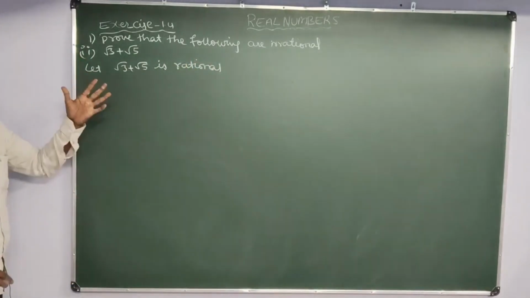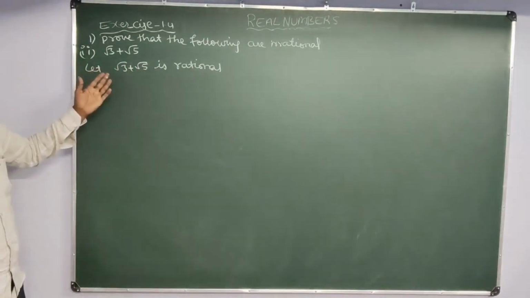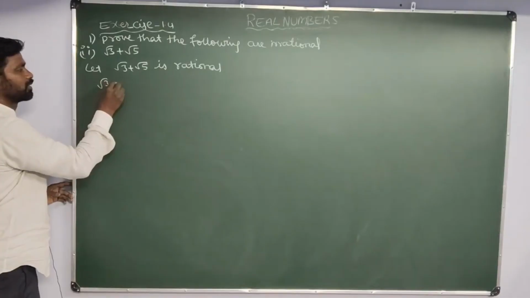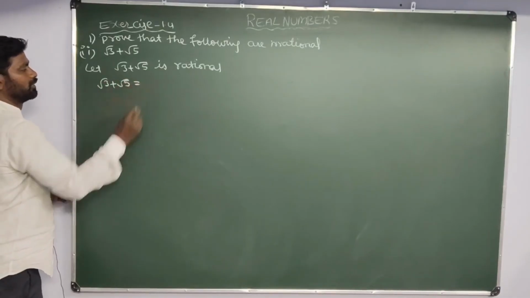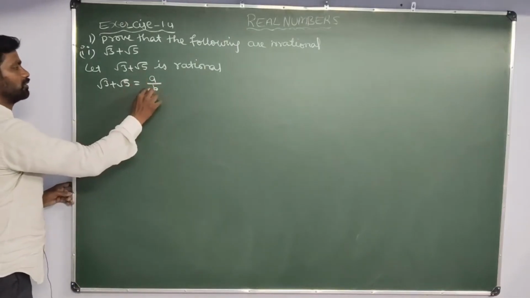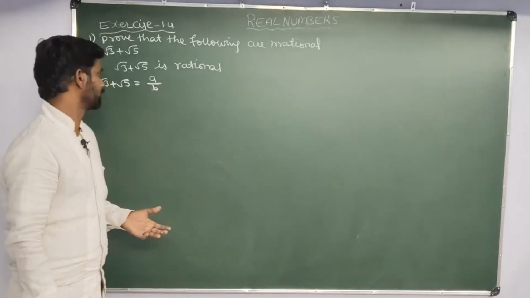Students, to prove this is irrational, first of all we have to consider the given as rational. Okay, as per the definition, we know that root 3 plus root 5 is equal to a by b. Rational numbers are represented or expressed in p by q form or a by b.